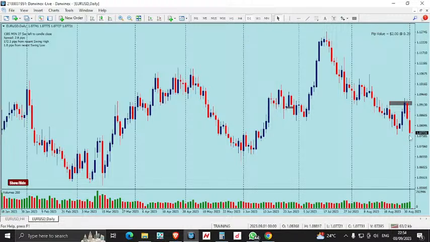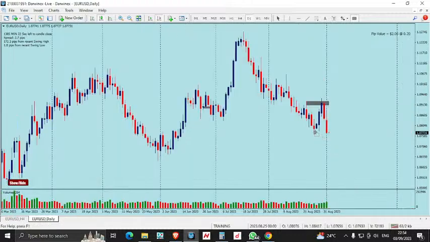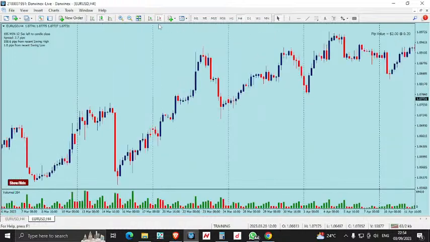The market just opened. We are going to analyze and look at where we can now mark here. Having marked here, we can go to 4 hours.